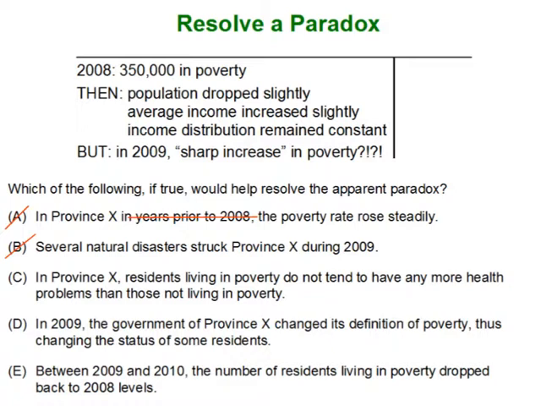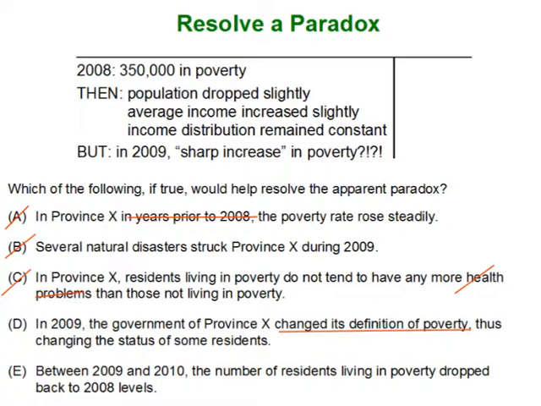With answer choice C, health problems. Who cares about health problems? That has nothing to do with whether there was an increase in poverty or not. Answer choice D, they changed their definition of poverty. This could lead to more people being considered to be in poverty. A sharp increase in poverty if we change the definition to a wider scope.